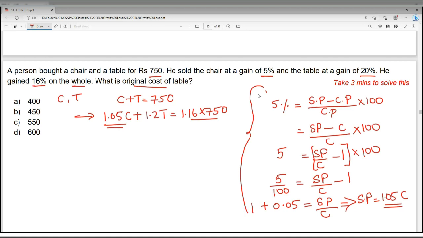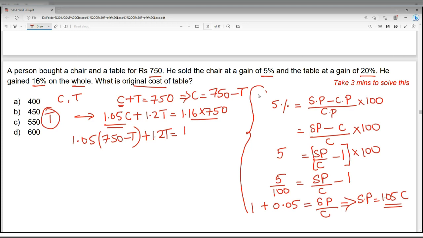Now in this equation, I have to calculate the cost of the table. So I'll substitute the value of C from this equation. This implies C is equal to 750 minus T. So I would substitute it here. This is 1.05 into 750 minus T plus 1.2T is equal to 1.16 into 750.